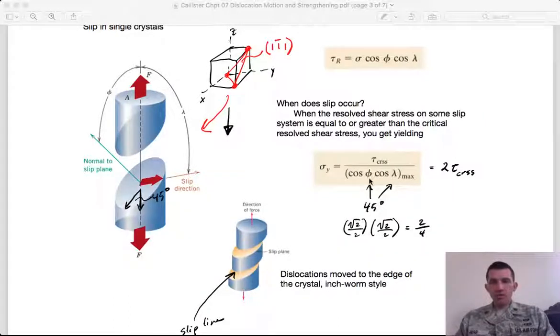The combination of these two angles says that the yield stress can be no greater than twice the critical resolved shear stress.